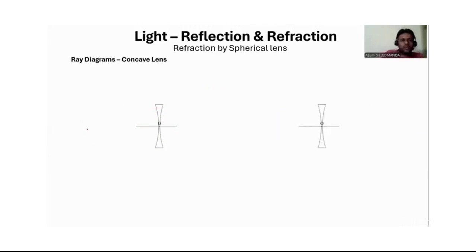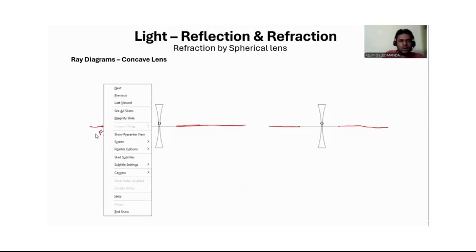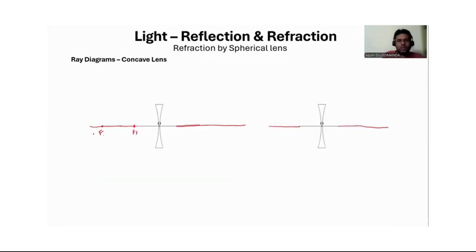All right, so that's about the parallel ray. Now, what happens if the light ray passes through the center? That's one scenario. Sorry, guys, hold on.